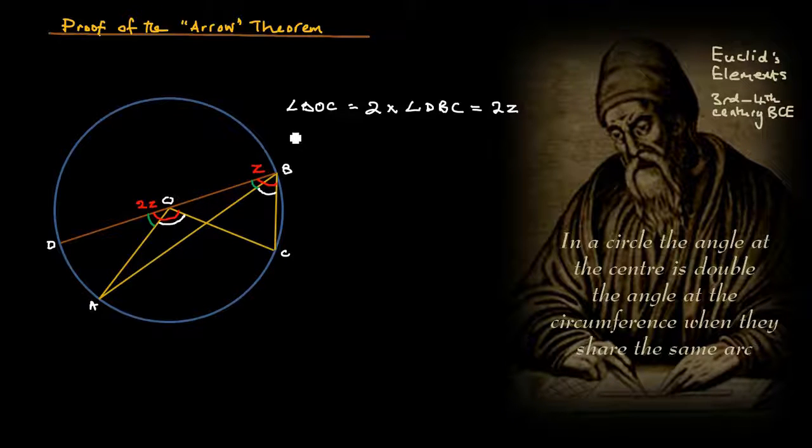Now for our second statement, we'll work on the smaller angle, the green one here. So angle DOA, again using the same reasoning. So with the green angle we've got now this similar to the flag shape, so we've got a shared side here, so we know that angle DOA is also twice angle DBA.